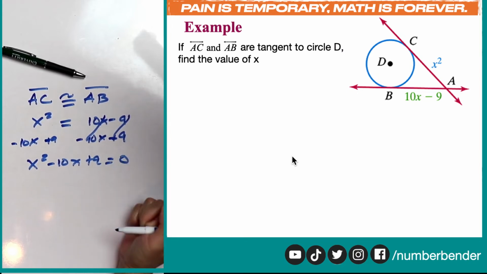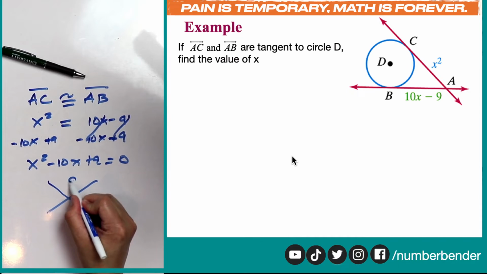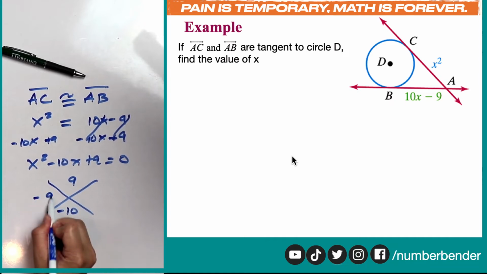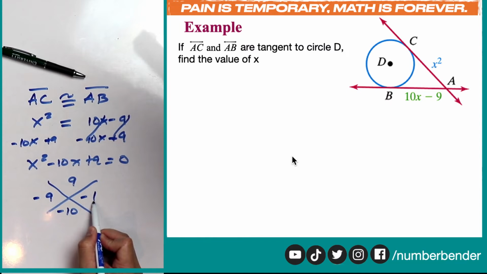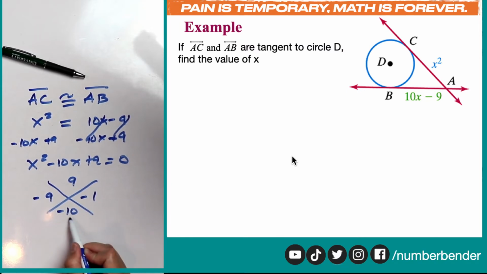And by factoring, we know that we have factors of 9 that will give us negative 10 when you add them up, and that will be negative 9 and negative 1, because negative 9 times negative 1 is positive 9, and negative 9 plus negative 1 is negative 10.